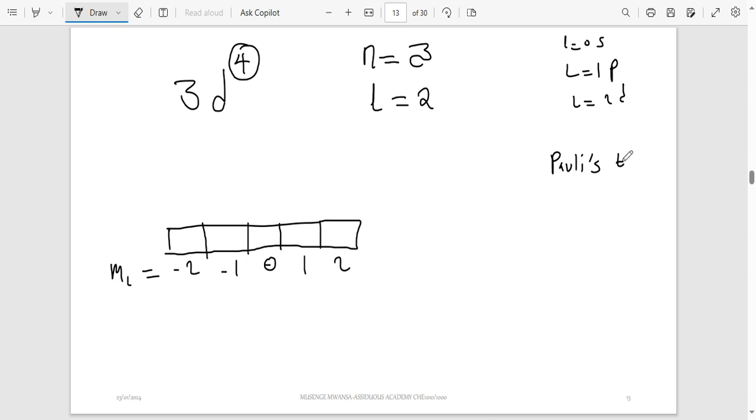So Pauli's exclusion principle, and then the Aufbau rule, and then Hund's rule. Starting with Pauli's exclusion principle, it says that every electron has a set of 4 unique quantum numbers.